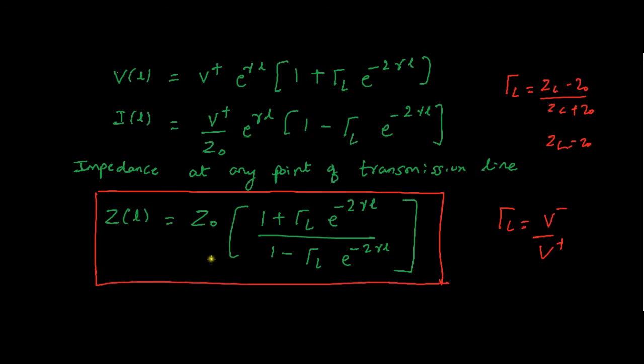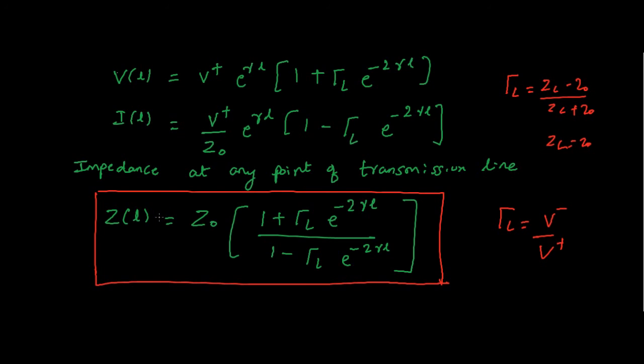This equation is very important for us in order to understand the working of the quarter wave transformer, because we need to find the impedance and all that. So I thought I would explain how to find the impedance at any point of a transmission line. This is the first part of the video.